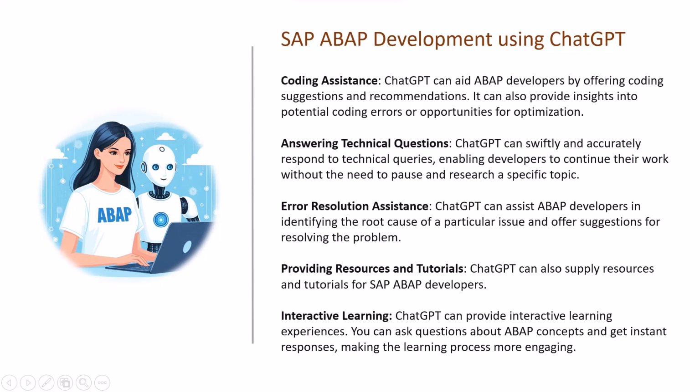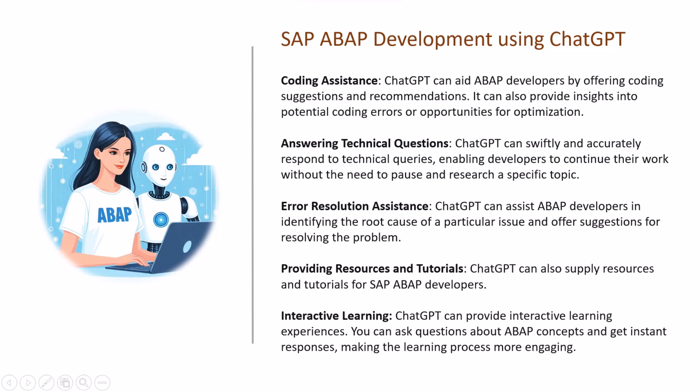ChatGPT can provide interactive learning experiences. You can ask questions about ABAP concepts and get instant responses, making the learning process more engaging. Good documentation is crucial for maintaining and updating code in the future. ChatGPT can assist you in writing clear and concise documentation for your ABAP program.